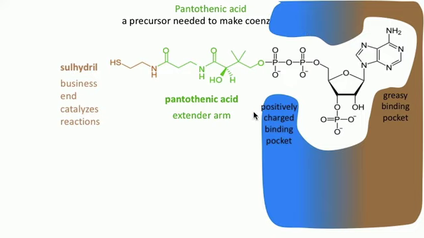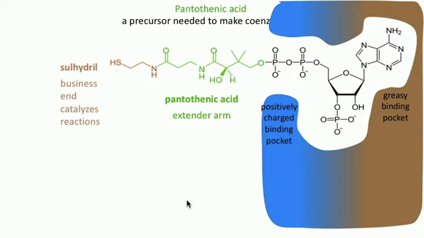So on the same enzyme, you'll have a positively charged pocket to help grab hold of coenzyme A and to position it to use the pantothenic acid extender arm in order to hold the business end. So when you see pantothenic acid, think, oh, something that will bind very well to an enzyme, and wow, this is like a robot arm extending out with a working end.